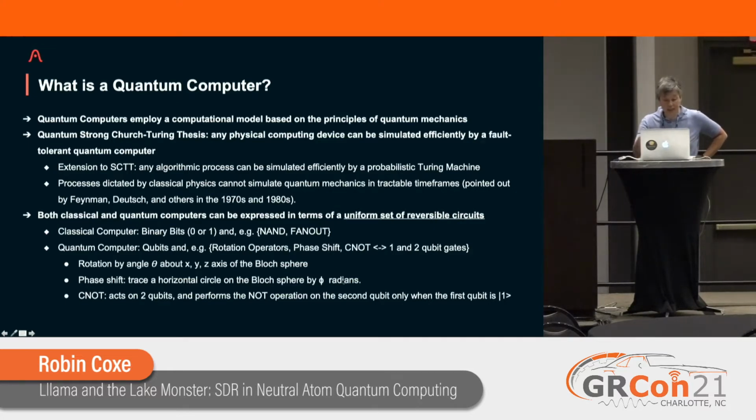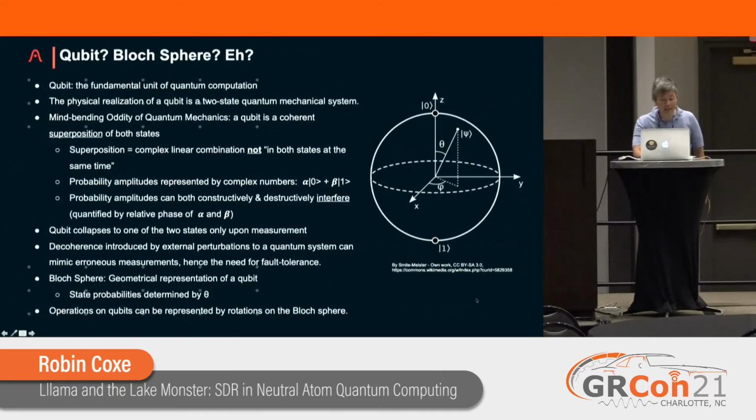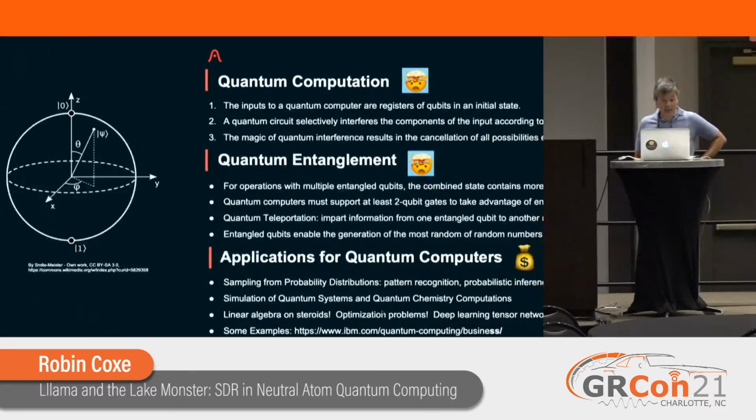A phase shift would be tracing a horizontal circle around the sphere, and there is something called a CNOT gate, which actually requires 2 qubits, and it performs the NOT operation on the second qubit, provided that the first one, or the control qubit, is in the 1 state. So keep this Bloch sphere in mind, because it will help explain what I'm about to go into in terms of manipulating these qubits. The operations on the qubits can be represented by rotations on the sphere.